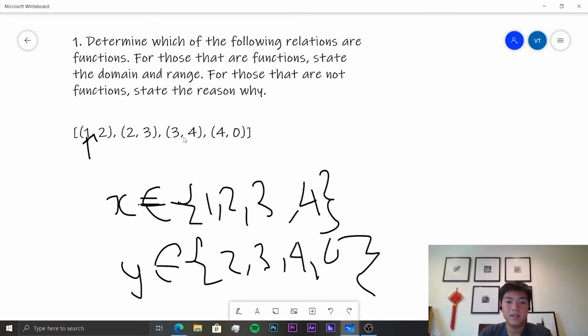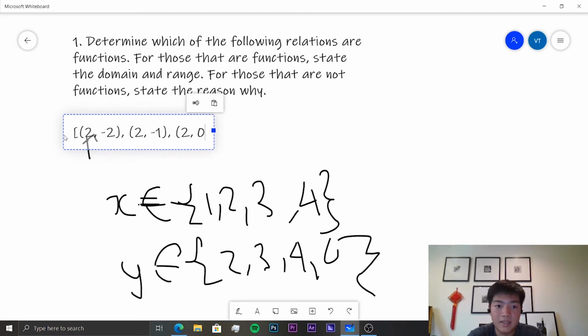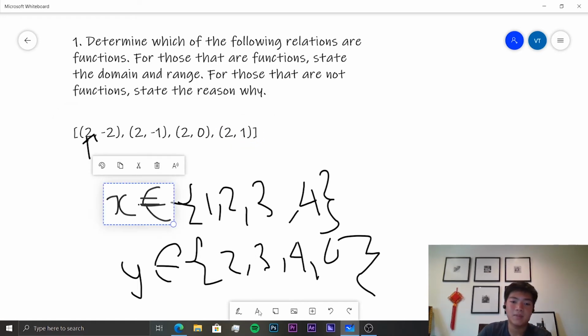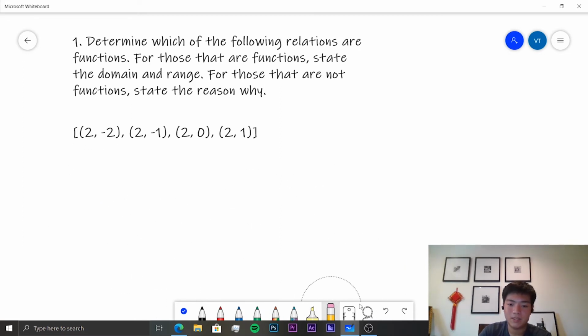Now the next one is (2, -2), (2, -1), (2, 0), and (2, 1). This is clearly not a function because we only have one x value and there are multiple y values that it corresponds to.